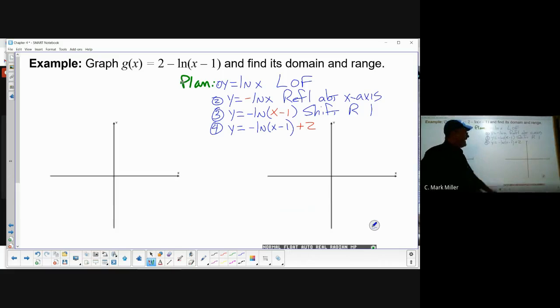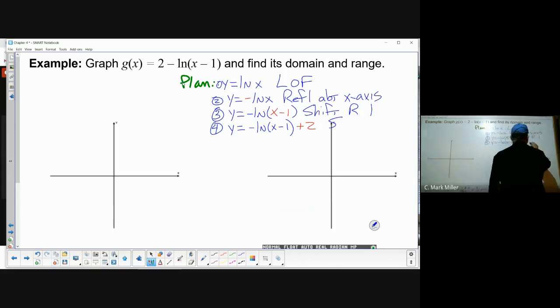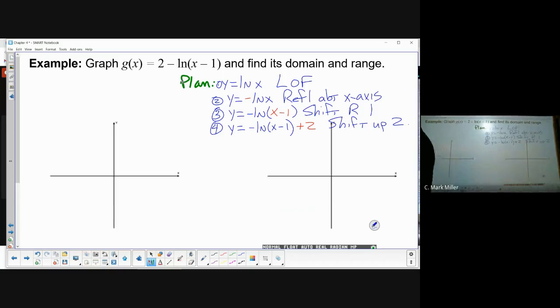And convince yourself adding 2 on the end is the same as adding 2 on the beginning. And that is a shift up. Shift up 2. All right.